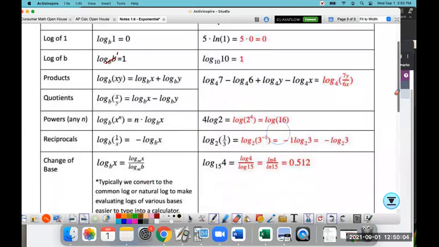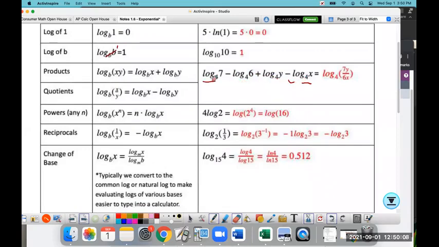Let's look at the power property. I know I've mentioned this a few times before. So if we have a power inside of a log, applied to everything inside of the log, just to be clear, we can expand that log by taking that power and putting it on the outside as a coefficient.